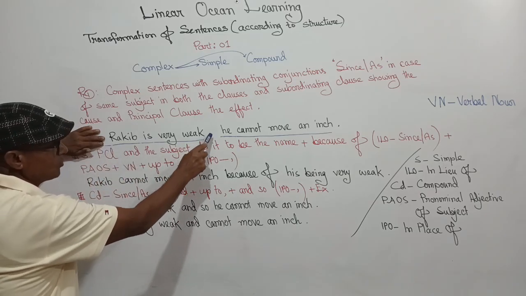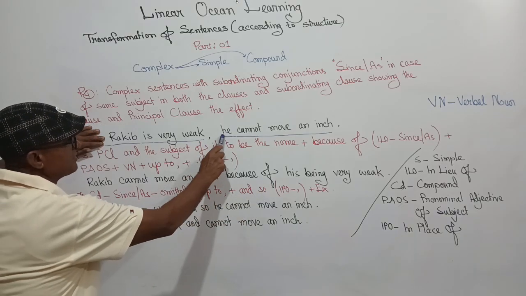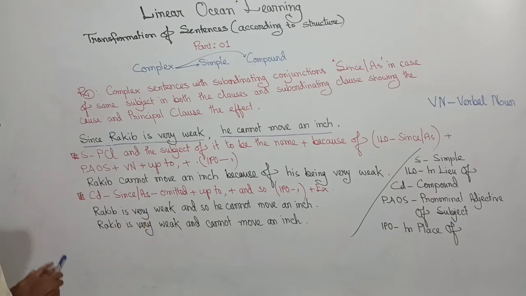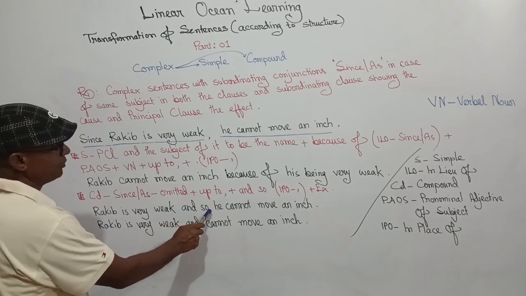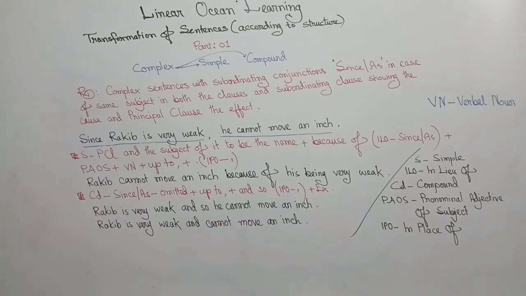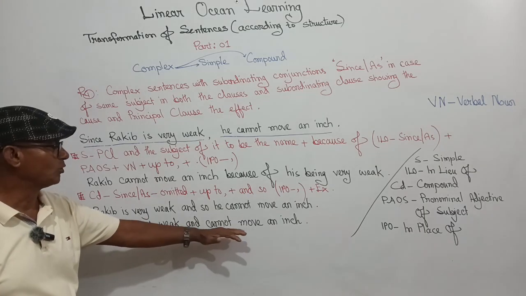Then in place of the comma, it will be and so plus extension. Then if we follow the structure, the compound sentence we get is: Rakib is very weak and so he cannot move an inch. But again, I'm telling you, you'll get this compound sentence in most of the reference books as this: Rakib is very weak and cannot move an inch.